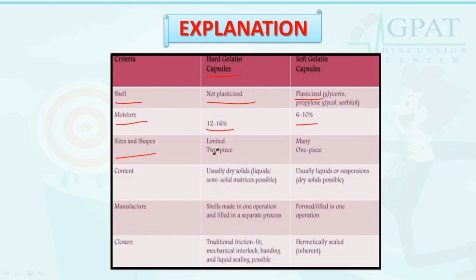Size and shape: it can be 2 pieces, but in the soft gelatin capsule only 1 piece. Content: usually dry or semi-solid, while in soft gelatin usually liquid or suspension. Manufacture: the shell is made in one operation and filled in a separate procedure, while in the soft gelatin capsule, formation of the capsule as well as filling of the capsule take place in the same operation.